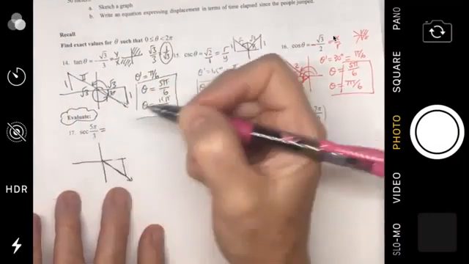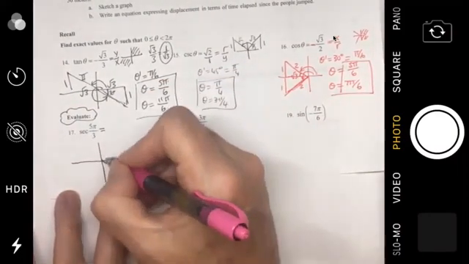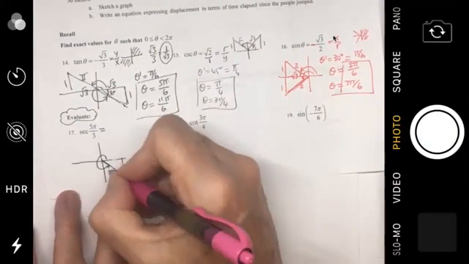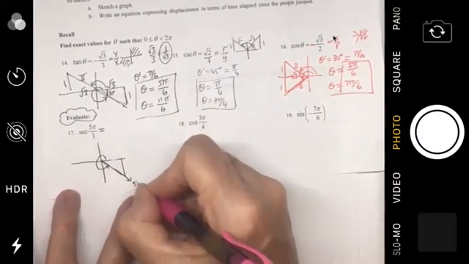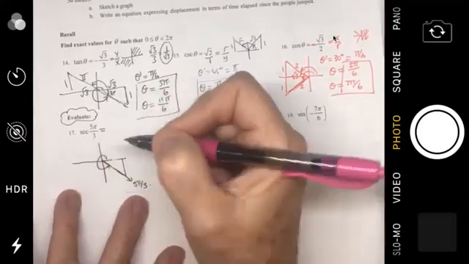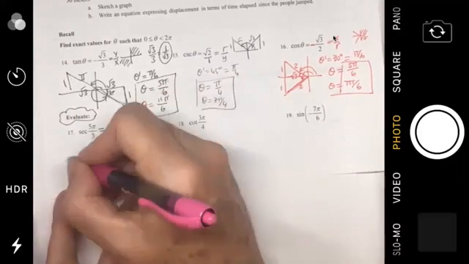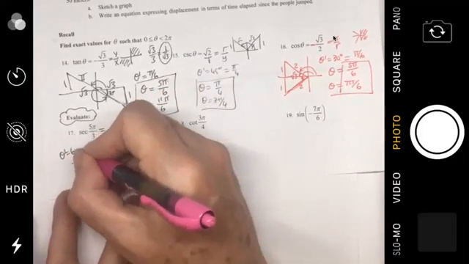That's my terminal ray. Turn it into a triangle. And to evaluate a secant, it's going to be the ratio of two sides. This is the angle we've just drawn there, the angle that ends on that ray. That's 5 pi by 3. And so my reference angle for anything divided by 3 is 60 degrees.